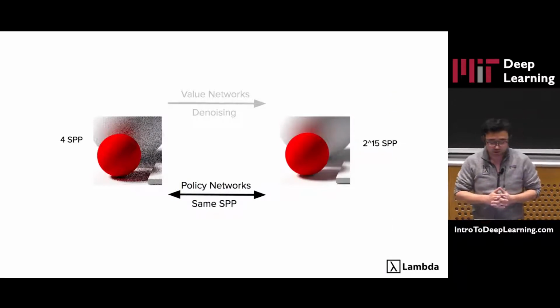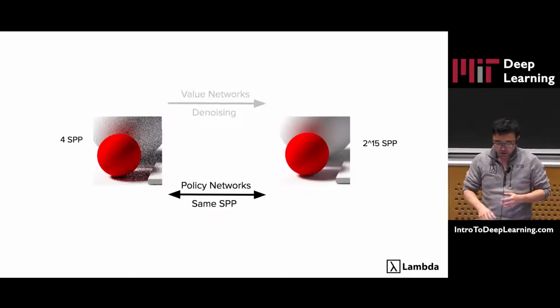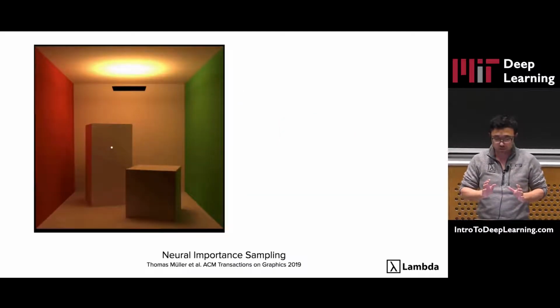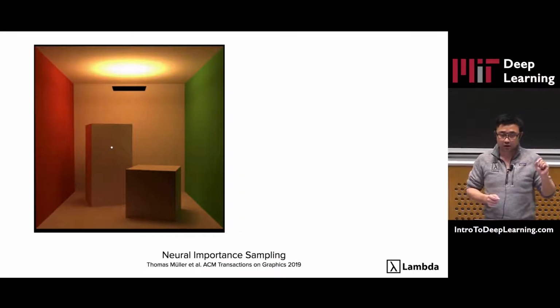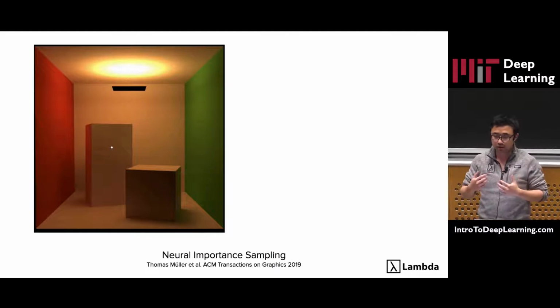Now let's move on to the policy-based approach. I'm not going to cover the entire literature here, but I just want to point you to a very recent work from Disney Research, which is called neural importance sampling. So the idea is we want to find for each location in the scene a very good policy that can help us to sample rays smartly and reduce the convergence time.